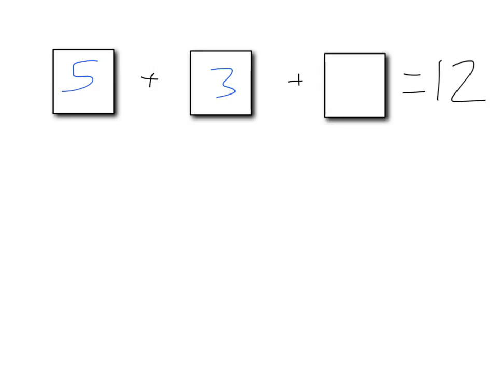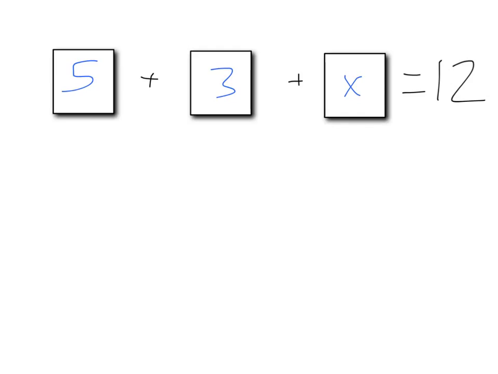Then I rolled the dice one more time but hid it, and we have one other number that we need to figure out. And the total number, if you added all of the dice that we rolled together, would equal 12. So in this case we have 5 plus 3 plus a number, and I just put the letter x, and all of those rolls together equaled 12.